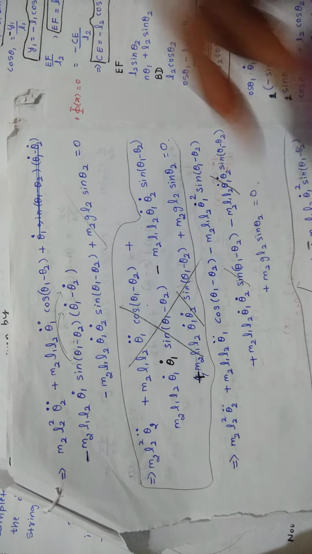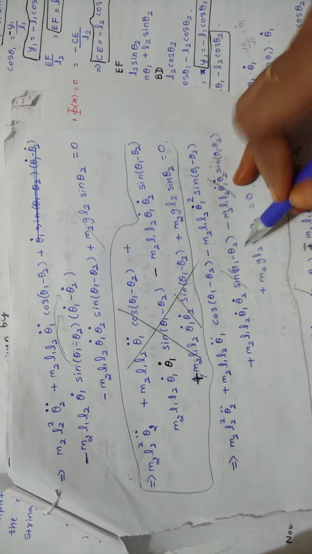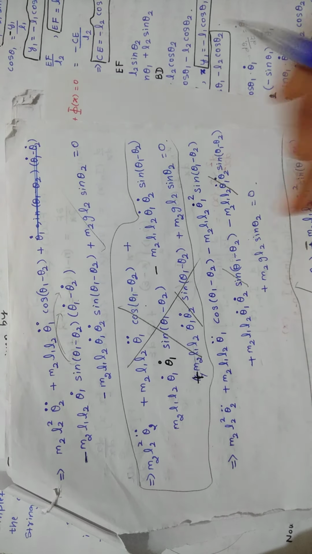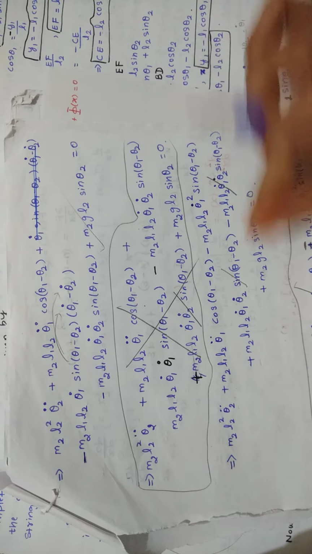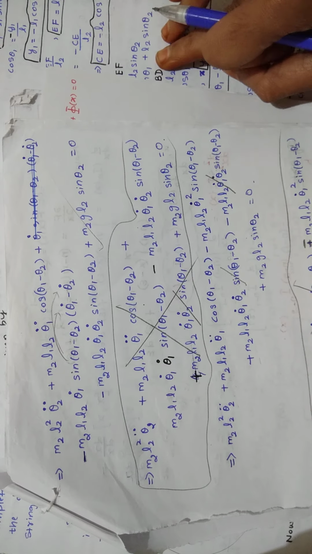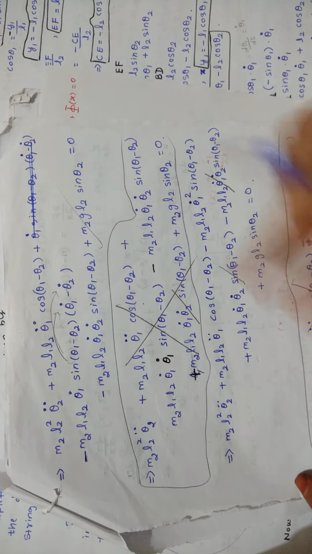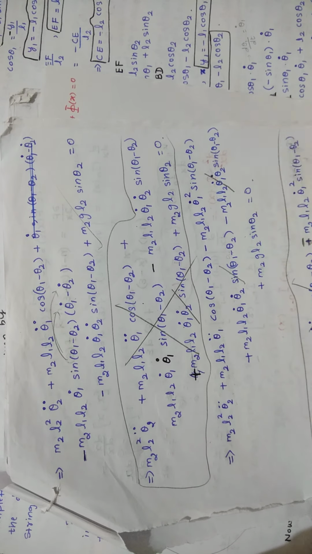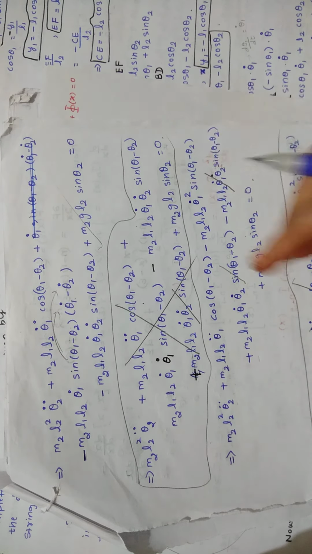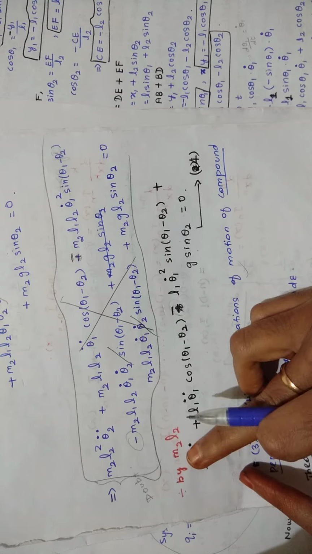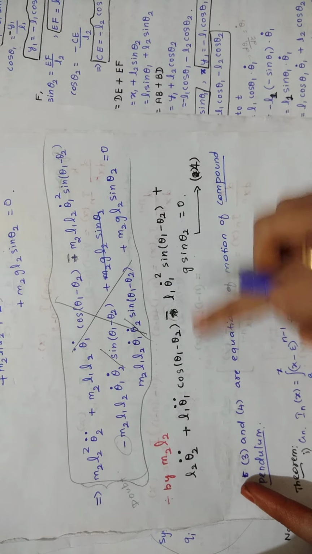Can you see that? After this step, these two terms will get cancelled. After these two get cancelled, you will get these terms, right? You write the next step without writing these two terms. Then you divide that by m2 l2, so that you will get this.